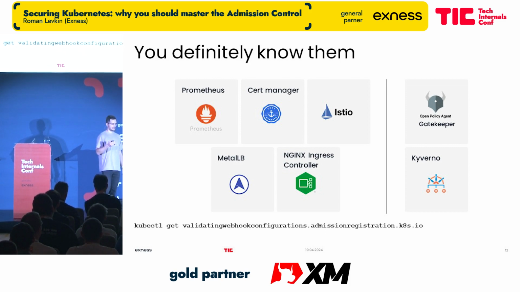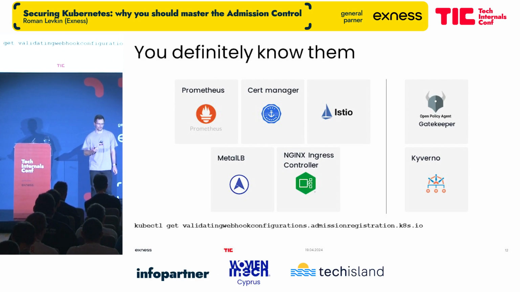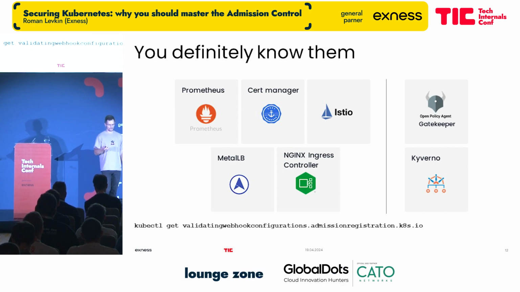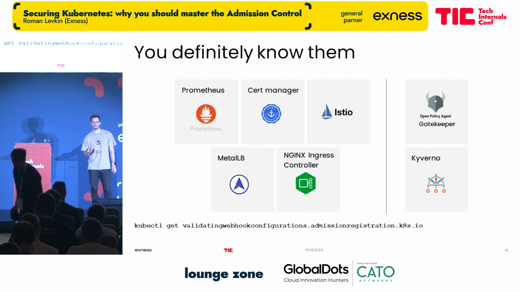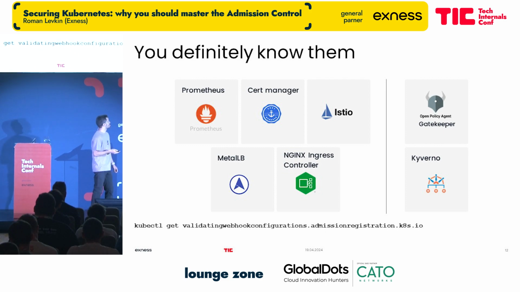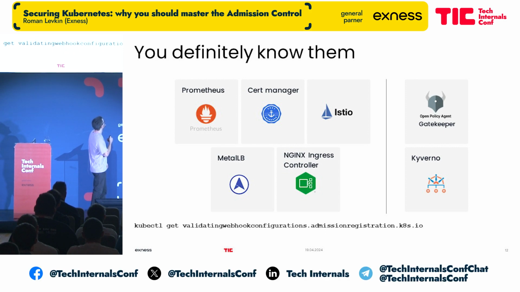If you try to create an Istio Gateway with no mandatory section called host, the attempt will fail. And the Istio admission webhook will tell you, sorry, I think this manifest is invalid. Please put the needed sections in the manifest. So this is an example of how you already use admission control, even if you didn't notice that you have been using it.